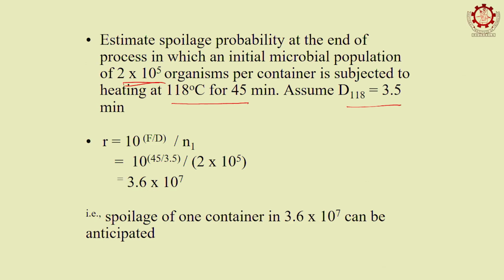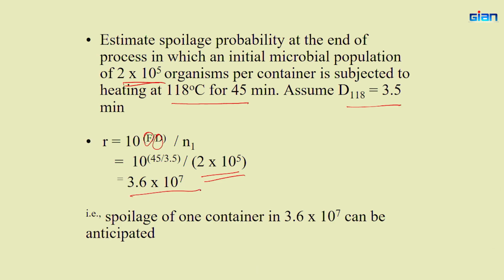Whenever it says you are processing for a certain time at a specific temperature, that leads to your F value, because the F value tells you how much time you are processing. The D value is your decimal reduction time, and your initial population is 2 into 10 power 5.